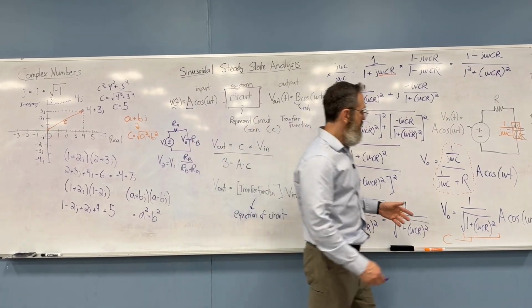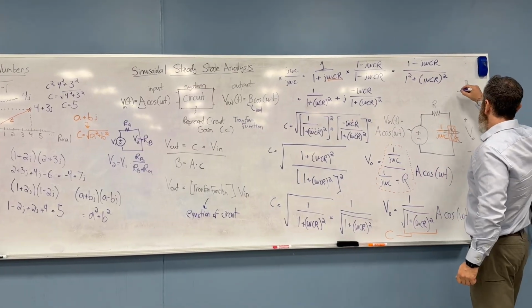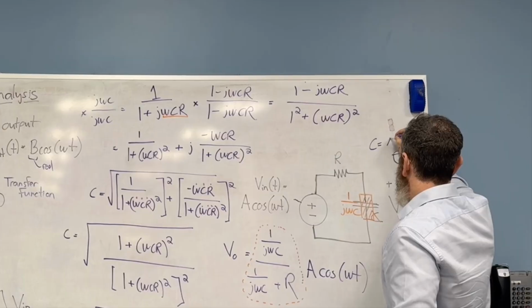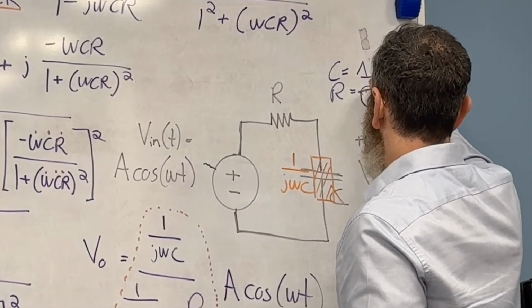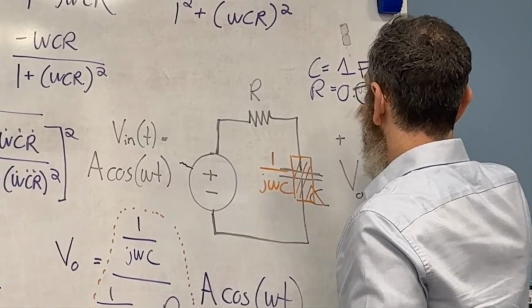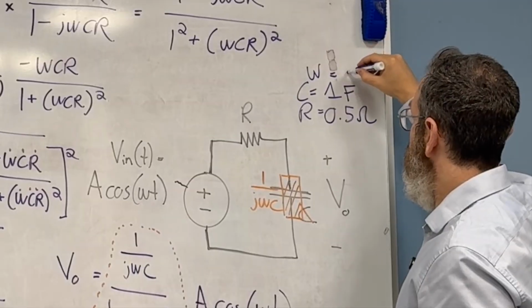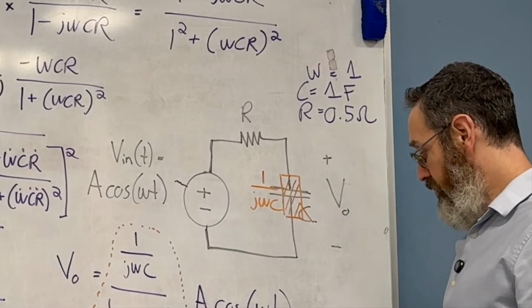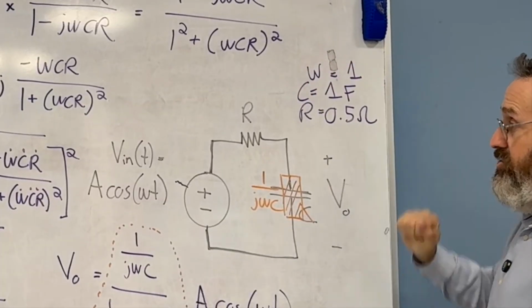To be clear, let's do numbers. C was equal to 1 farad. R was equal to 0.5 ohms. And the frequency was equal to 1. I like to give myself simple numbers. So let's say this was the actual situation.